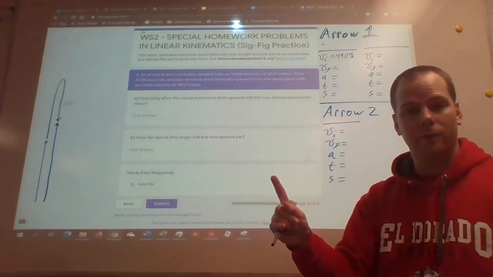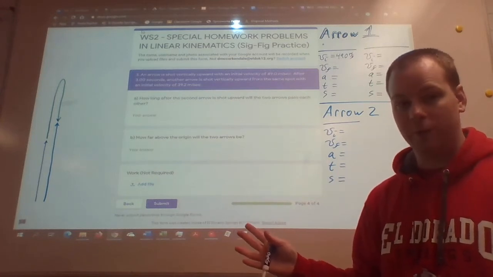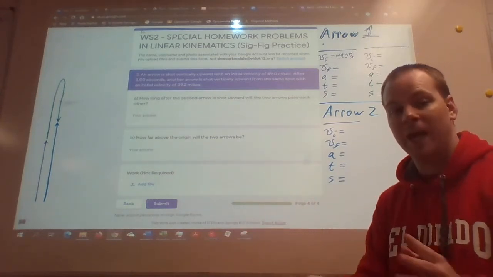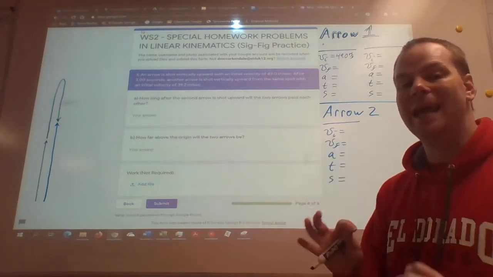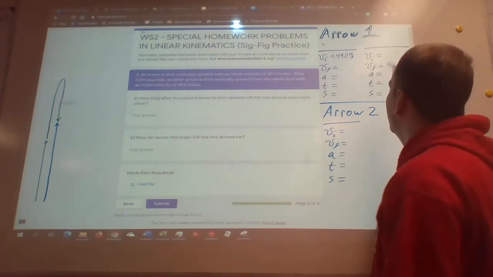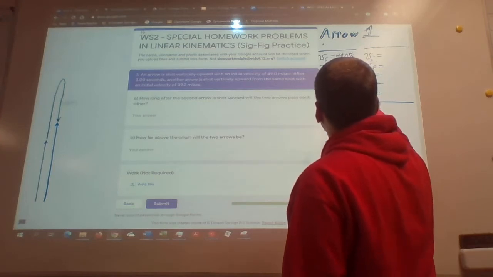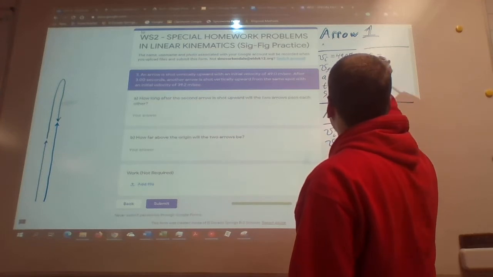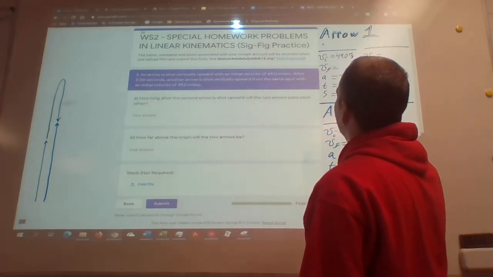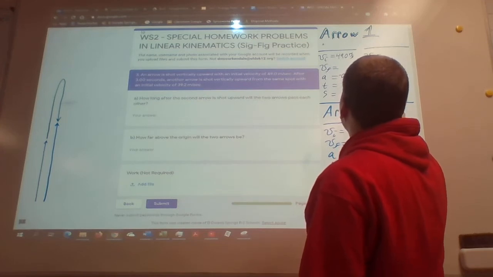It's the acceleration of any free fall object because it's not being acted on by anything other than the force of gravity, so its acceleration has to be negative 9.8. I forgot the negative sign immediately. Negative 9.8, and we're going to put a 0 on the end to keep it at 3 sig figs, meters per second squared.